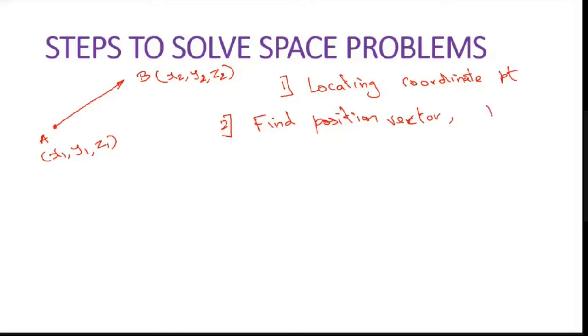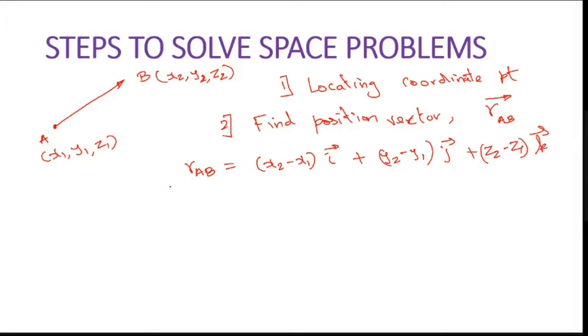We will call it R suffix AB, since it is traveling from A to B. So the R suffix AB vector will be equal to x2 minus x1 i vector plus y2 minus y1 j vector plus z2 minus z1 k vector. Right, this is my RAB vector.